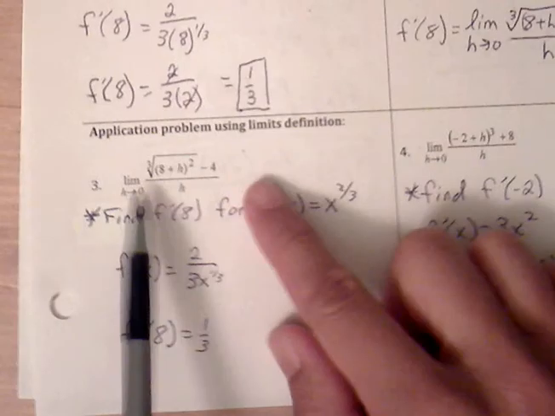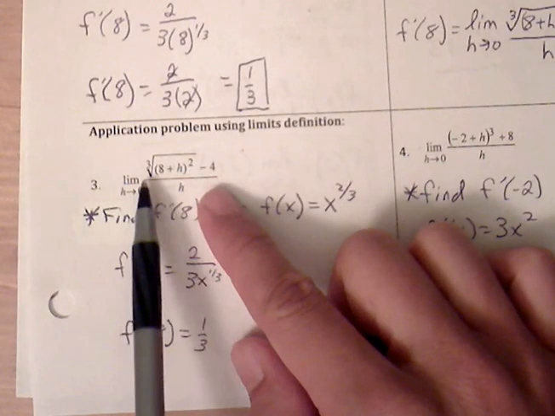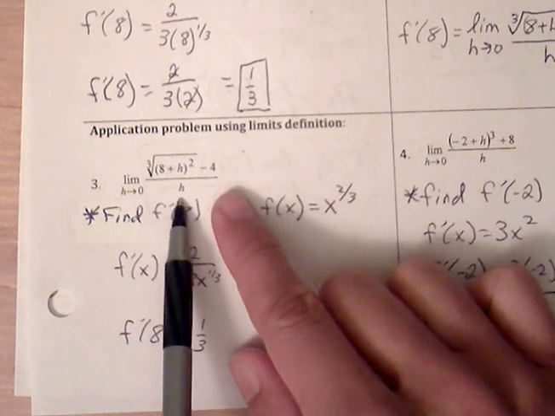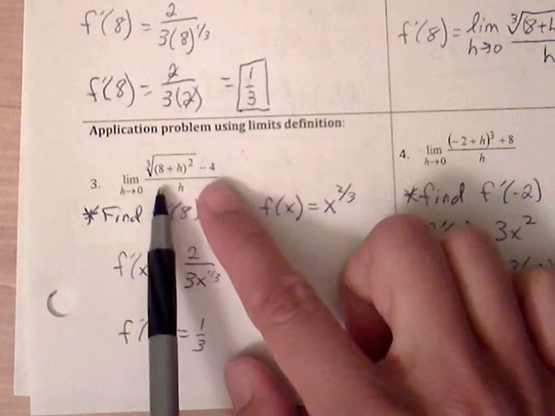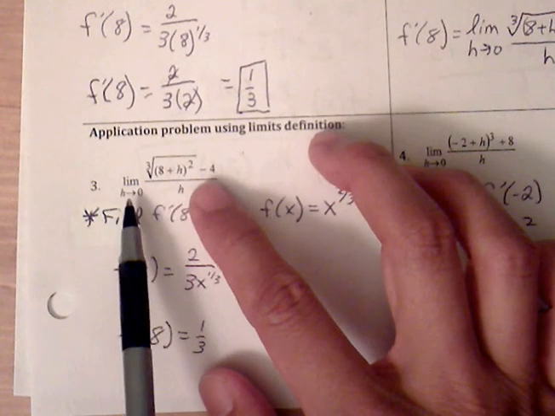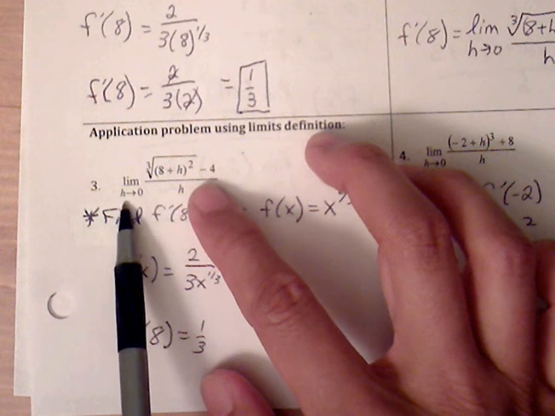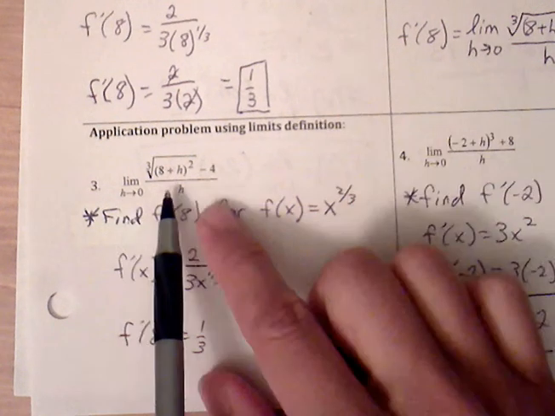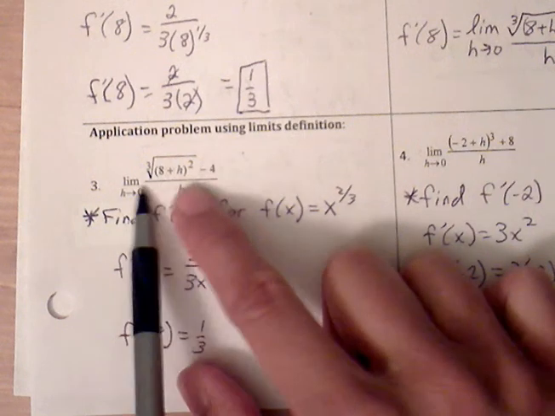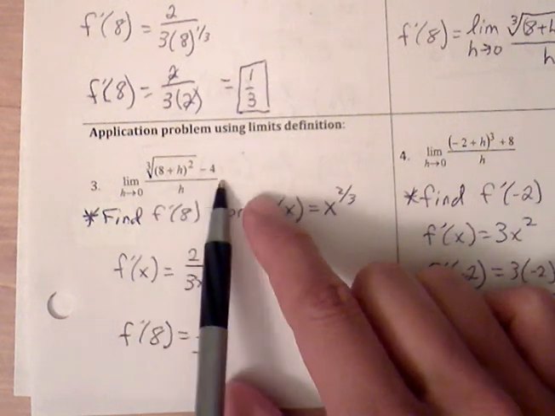So number 3, find the limit as h approaches 0 of cube root of 8 plus h squared minus 4, all over h. Can we look at this notation and see where the original function came from? The best way to tell is to focus on the portion that has the h in it. Because this represents f of x plus h, this represents f of x.